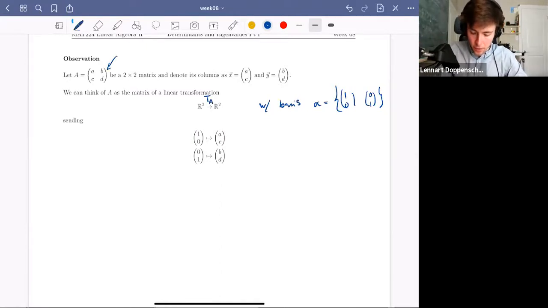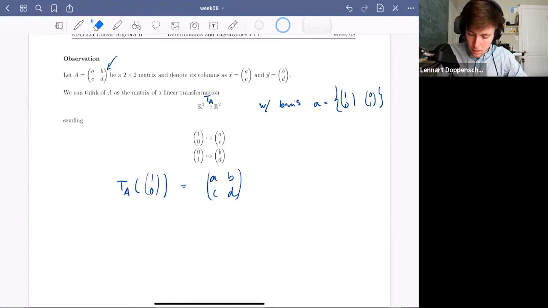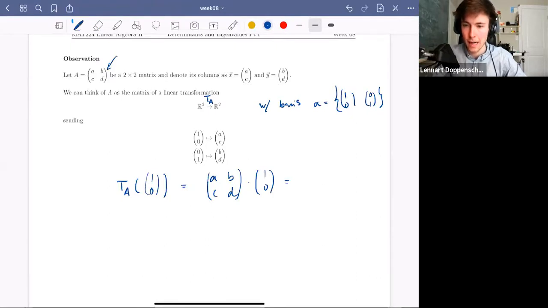And so if you multiply the matrix, this is something that I just wrote here, but let's just verify this. T sub A of the first basis vector is equal to A, B, C, D times (1, 0). And if you multiply this, you can see that we recover a vector which is exactly the first column of the matrix.